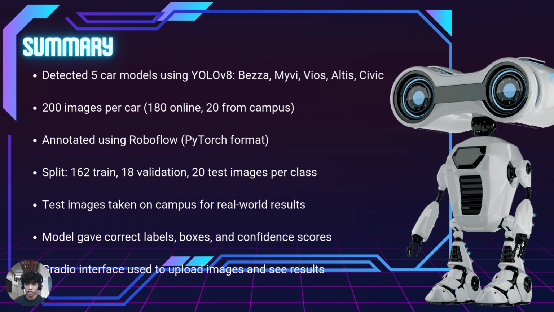The images were annotated using Roboflow and exported in PyTorch format. The dataset was split into 162 for train, 18 for validation, and 20 for test images per class. The testing images were captured physically on campus for real-world evaluation.